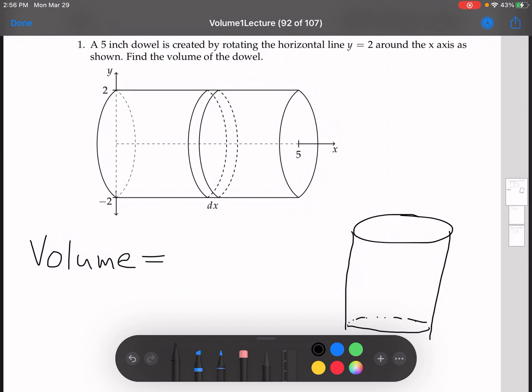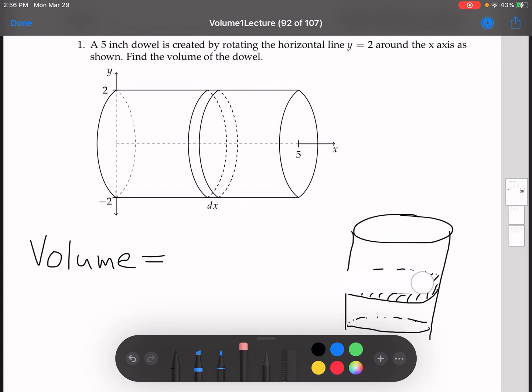It really doesn't matter if you use the area of the base or the area of any cross section. So let me draw an arbitrary cross section here.